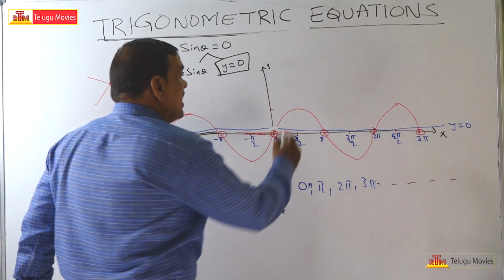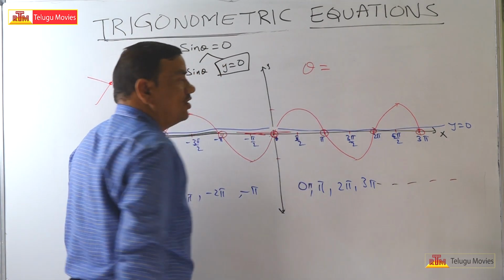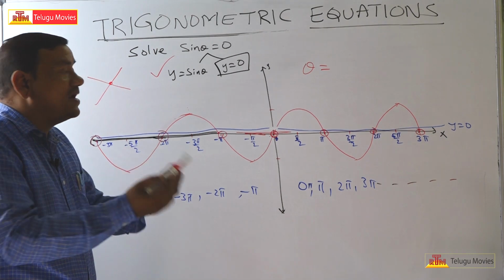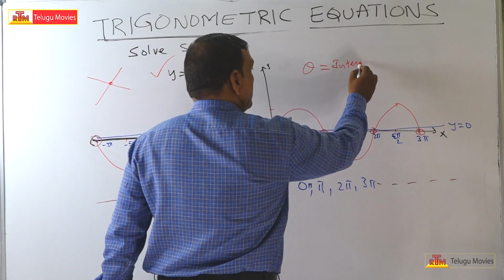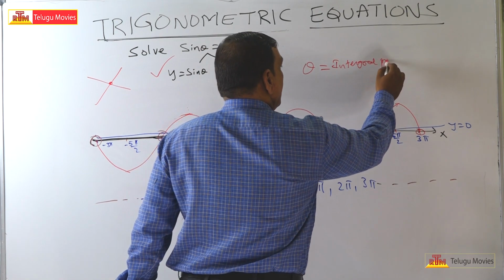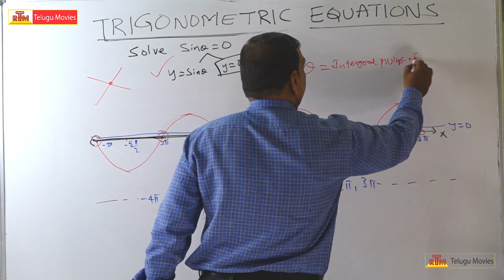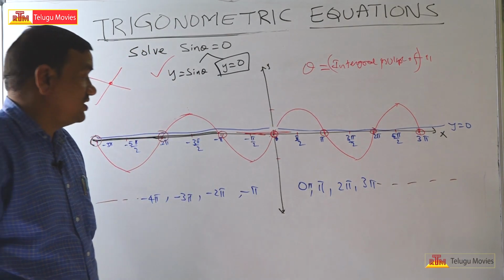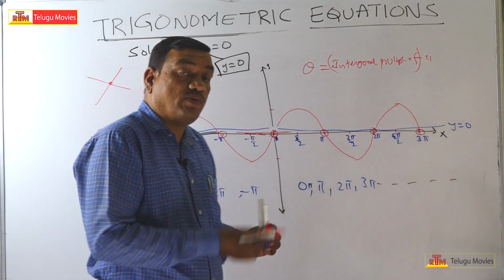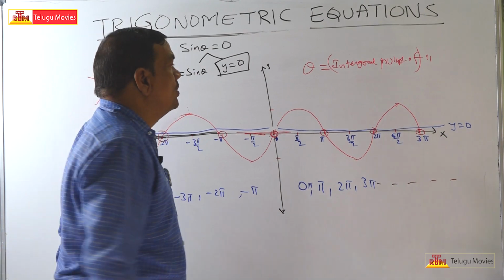Therefore, the solution is integral multiples of pi. Only integral multiples, not fractions. There are only integers, both positive and negative, and 0.